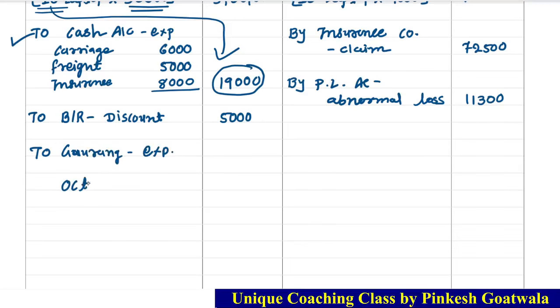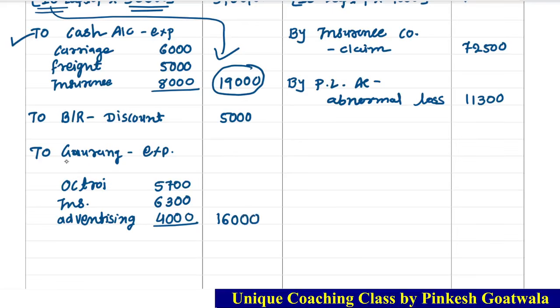So first octroi 5,700, then insurance 6,300 and last advertising 4,000. So total is 16,000.